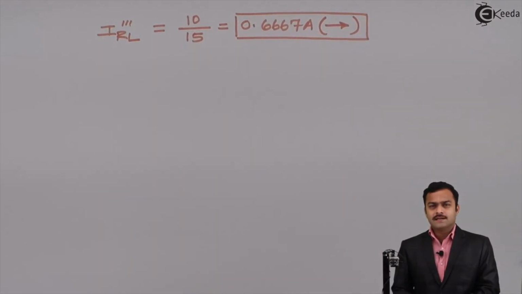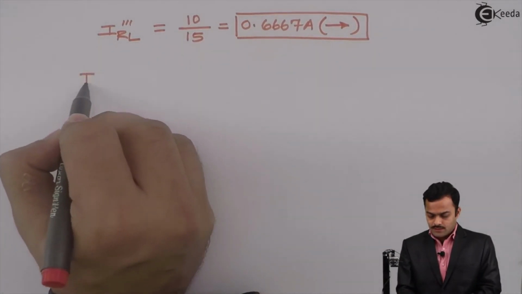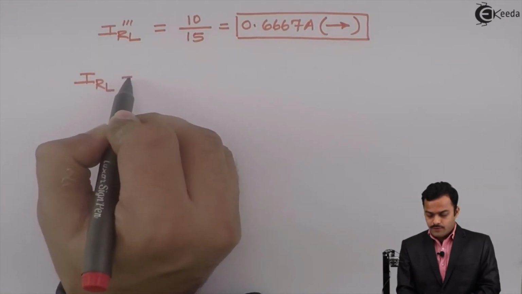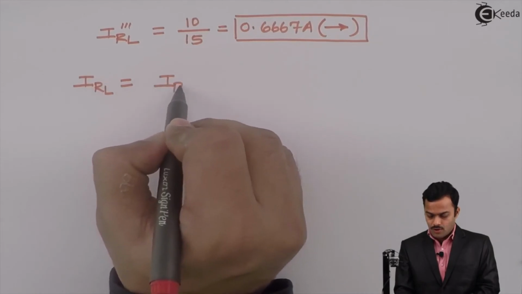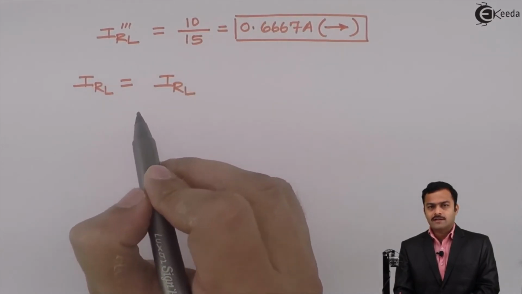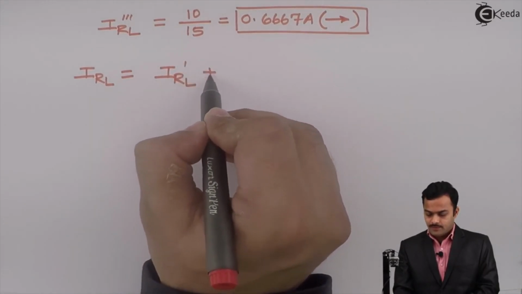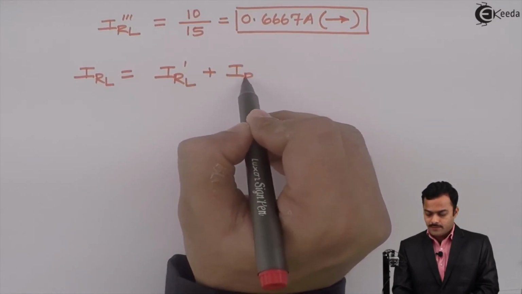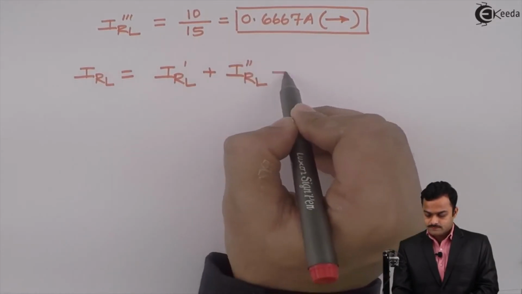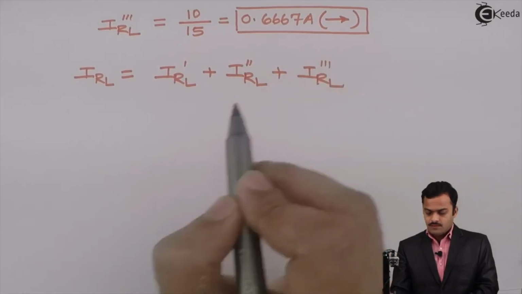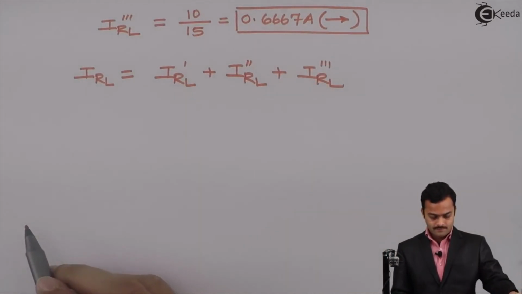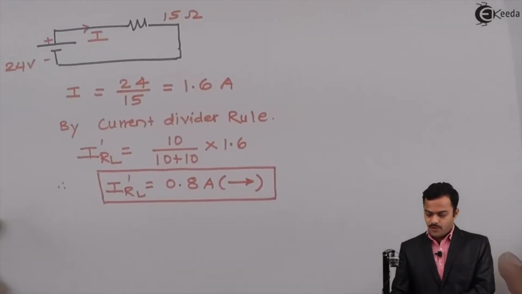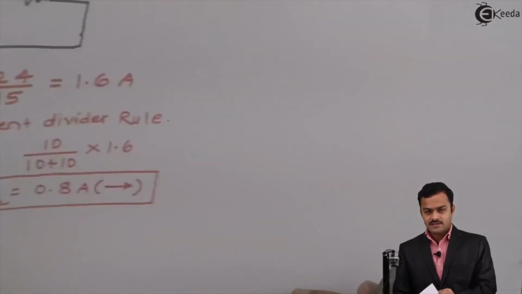So as per the theorem, the total current flowing through the resistance will be the algebraic sum of all the three currents that we got independently. That means because of all the independent sources. Now here I am getting three currents. One current is 0.8 ampere in this direction.